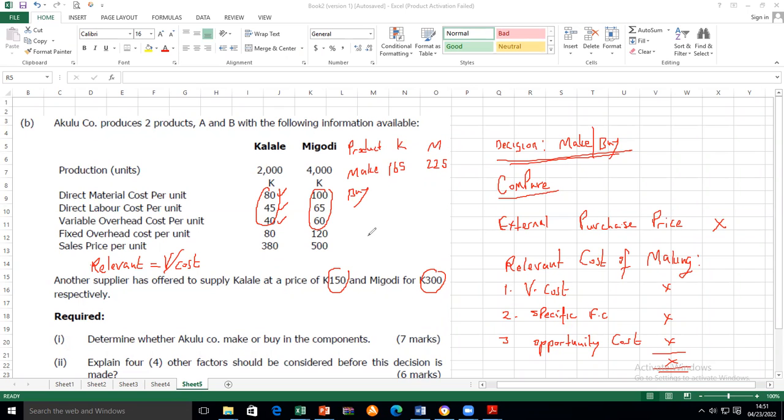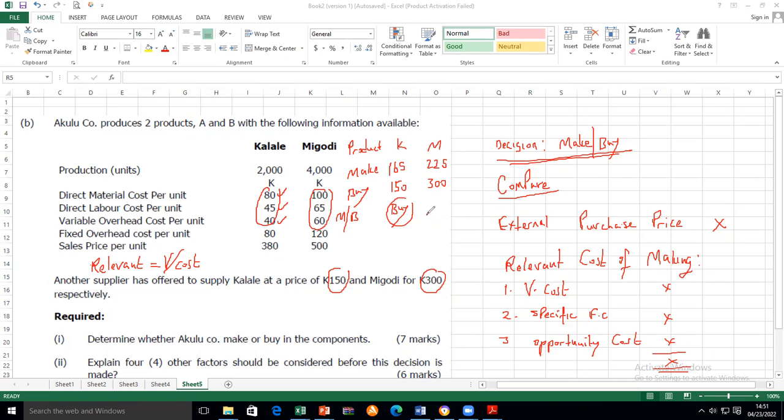What of buying? If you're going to buy this one, it's 150. If you're going to buy this one, it's 300. So we can now decide, should we make or buy? This one, what should we do? Because to buy is 150, to make is 165.